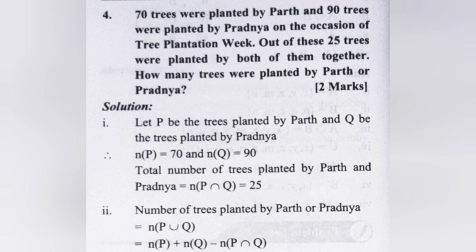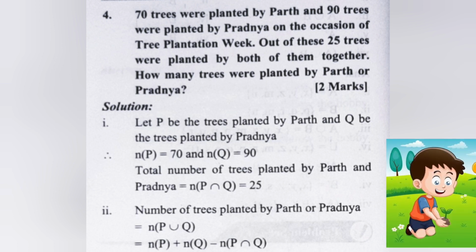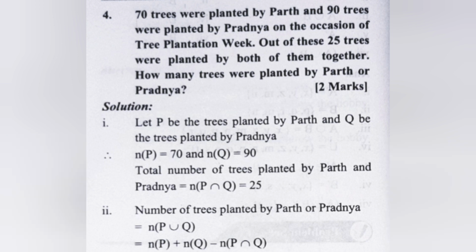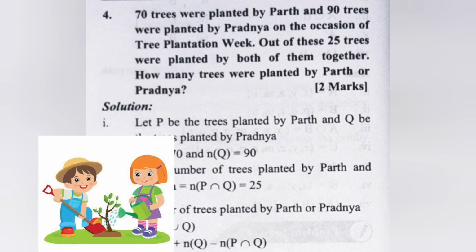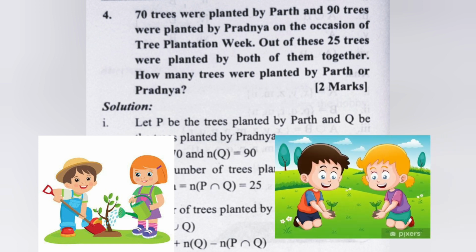So here, first of all, it is given how many trees were planted by Parth and how many trees were planted by Pradnya. And then the number of trees they planted together. And what we have to find is total कितने trees plant हुए हैं पार्थ और प्रज्ञा से, lonely or together. We have to find all total.